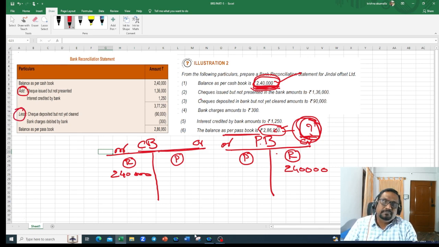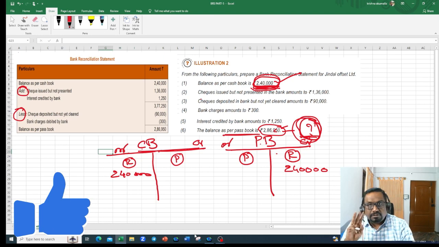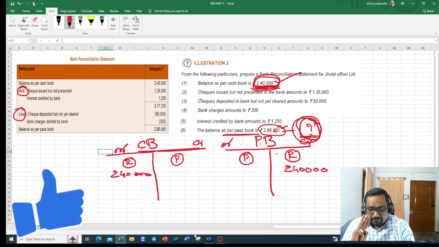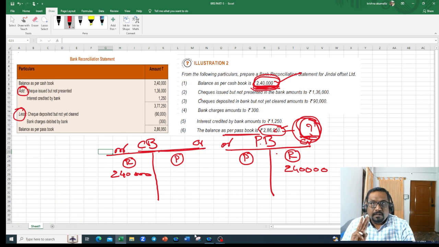That is the rule. So three important rules we are following here. First problem, I am repeatedly saying these three rules twice because this is very important. Going forward, we follow the same rules for any problem in bank reconciliation. So you have to be very careful.